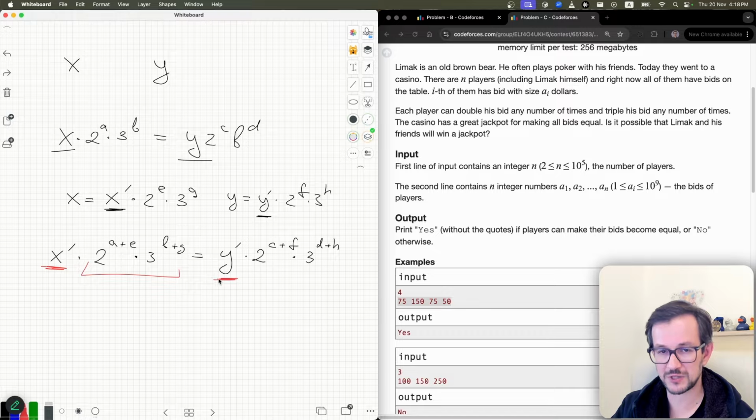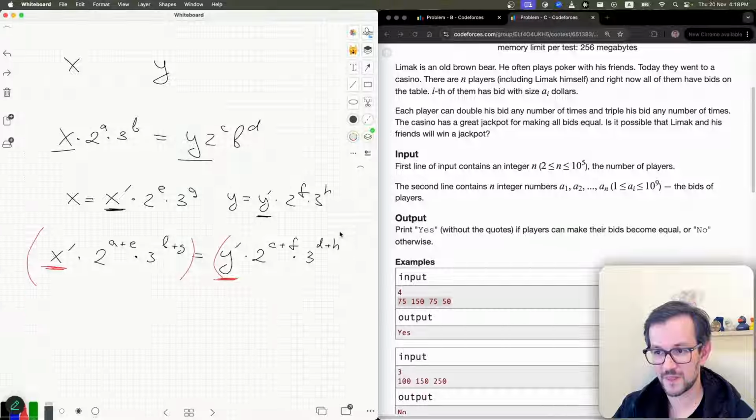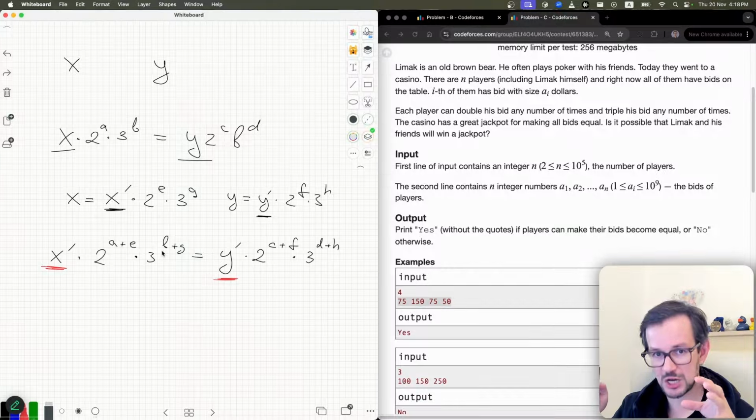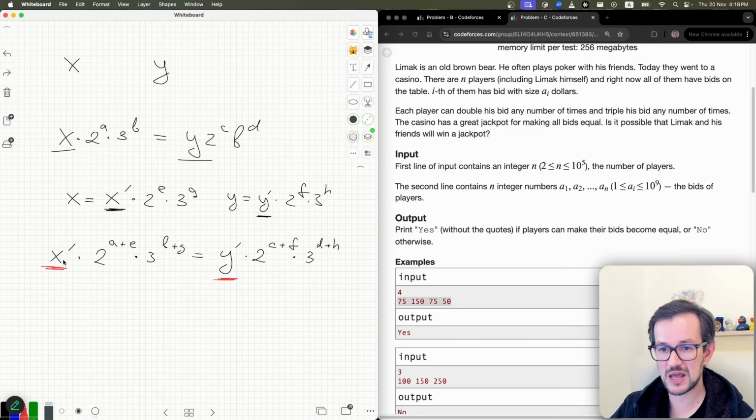And here, the prime factorization is y prime and some 2's and 3's. So if these two numbers are equal, then their prime factorizations should be the same. So we take all factors 2 and 3 from this prime factorization, and we're only left with the core of this number, not divisible by 2 and 3. And this core must be the same.